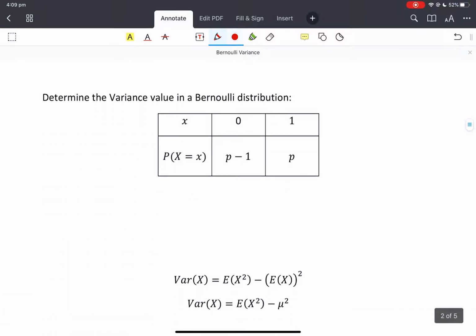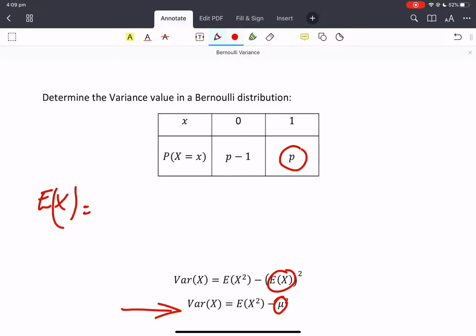So, variance. We've done our variance revision and we know that the variance is this thing here. Mu is the expected value of x. Here, a success in a Bernoulli trial is p, and because all of these sum to 1, the other must be 1 minus p.